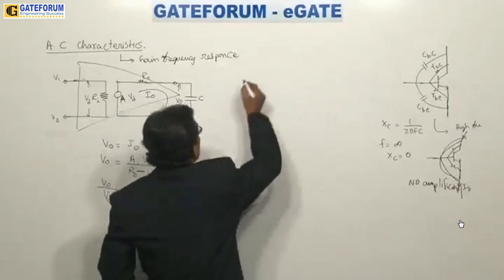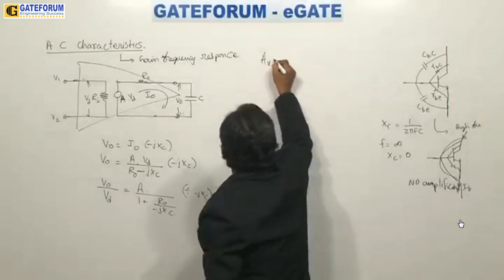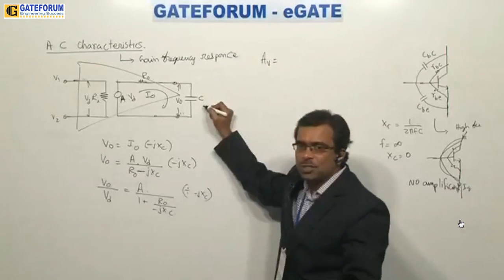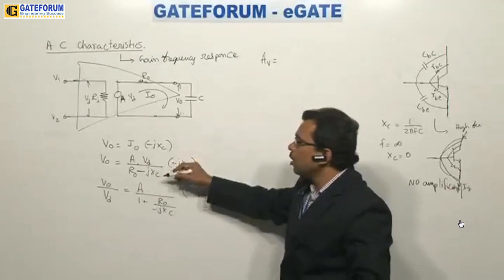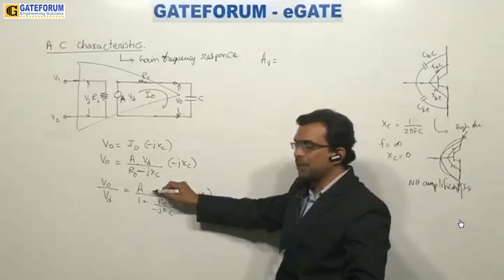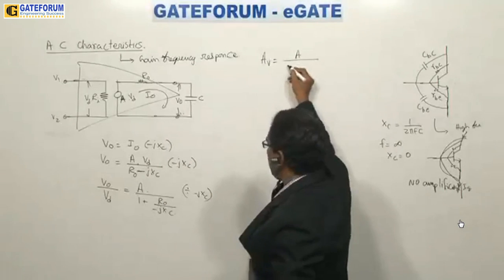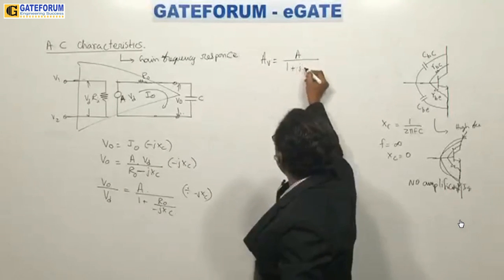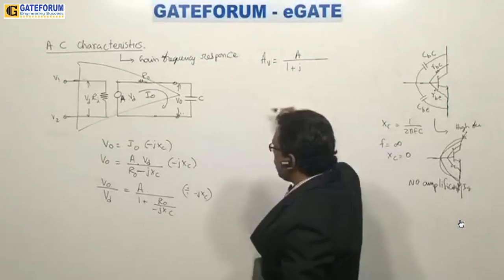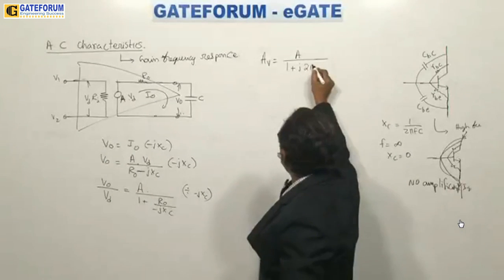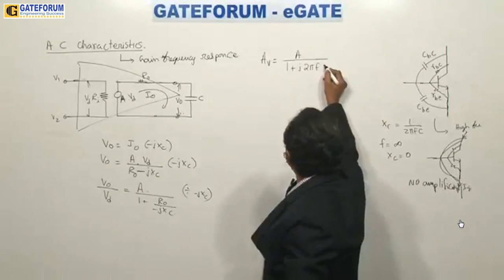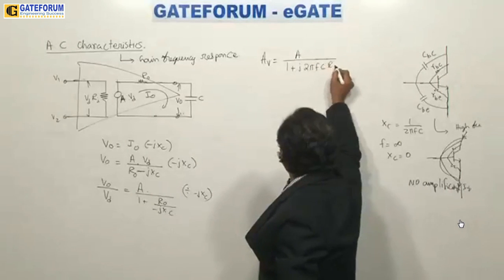Now V0 by VD is nothing but the gain. After connecting the capacitor, V0 by VD is the gain. Without the capacitor, this is the gain of the op-amp. So AV equals A divided by 1 plus j, and XC is 1 by 2 pi FC, so 2 pi FC into R0.